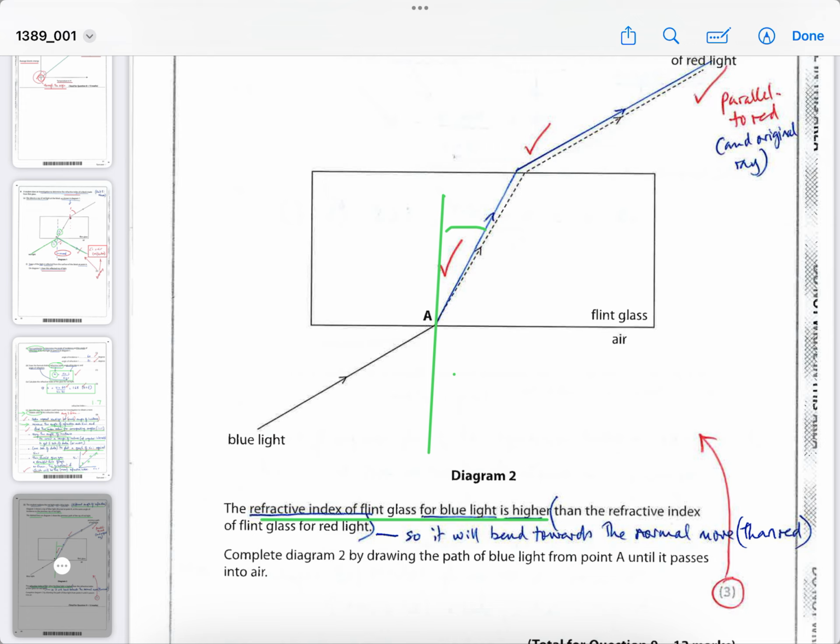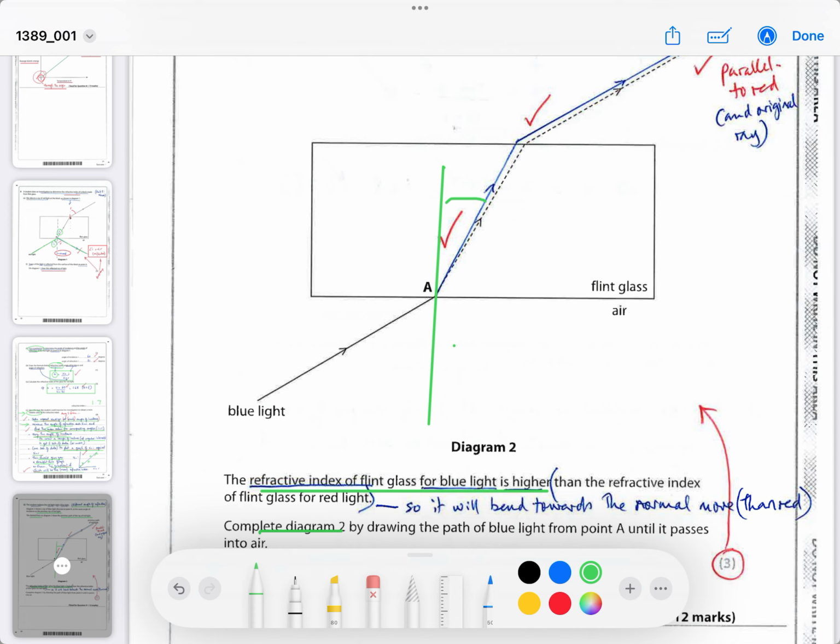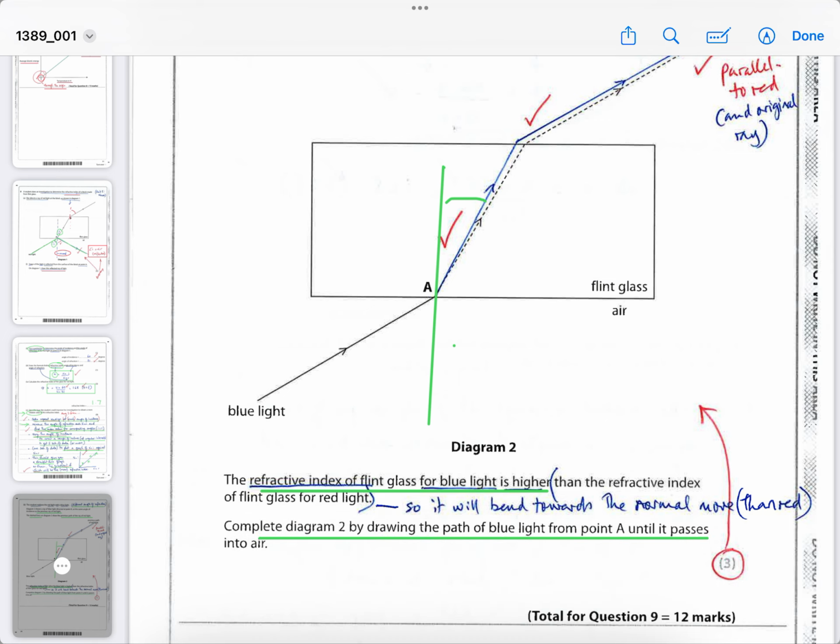So you've got to complete the diagram by drawing the path of blue light from point A until it passes back into air. So that's what I've drawn. I've drawn it moving back in the same direction as it was traveling originally.